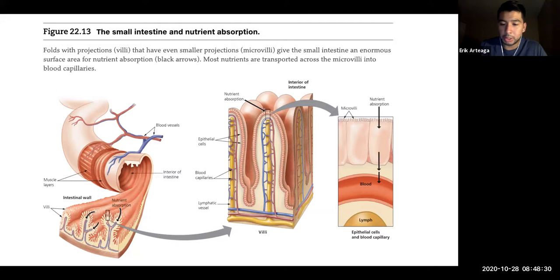Maybe it's an inappropriate amount of bacteria, an inappropriate type of organism, and your body is having an inappropriate response to those organisms that are essentially normal. Okay, and it's an autoimmune disease, so very important that your body regulates that. Okay, so the nutrient absorption, as you see here, through these villi and microvilli, will absorb in between the cells, and then you have the lymphatic system in the blood that can bring in those nutrients that way. Okay.